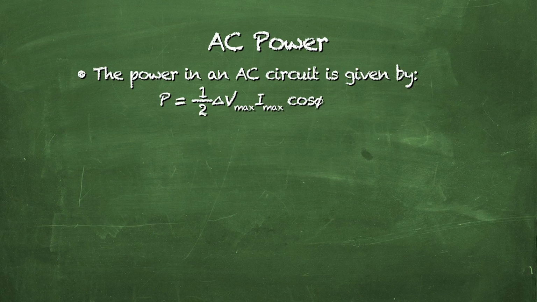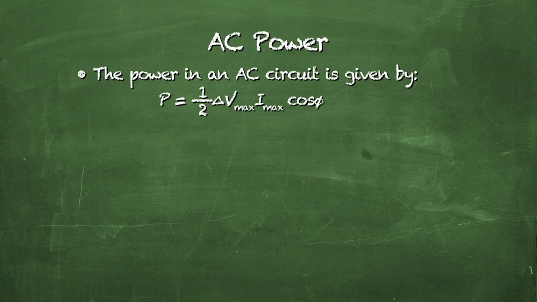So the power in an alternating current circuit does depend on delta V max times I max, but we have a factor of 1/2 there. The reason for that is that the voltage and the current are only at their maximum values for a very infinitesimally short time.